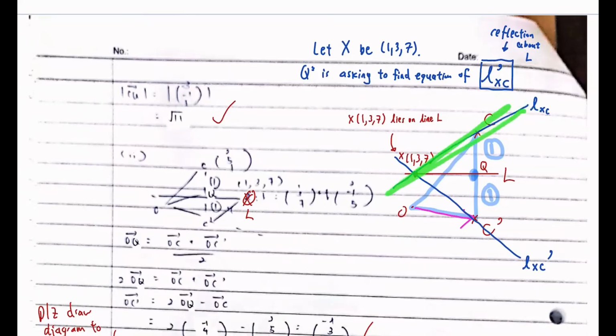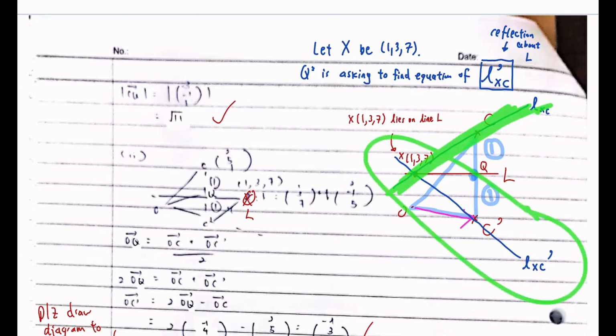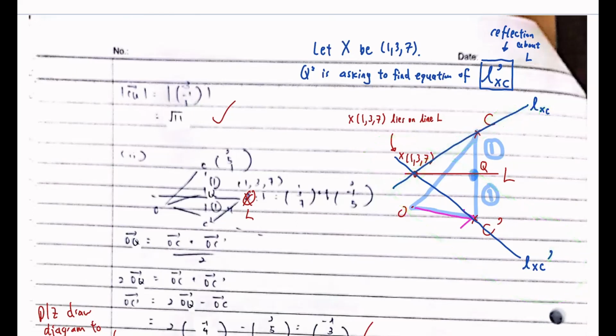Are we trying to find LXC? No. Find the reflection. This line, LXC prime. I call it prime for reflection. That's what the question is asking you to do.